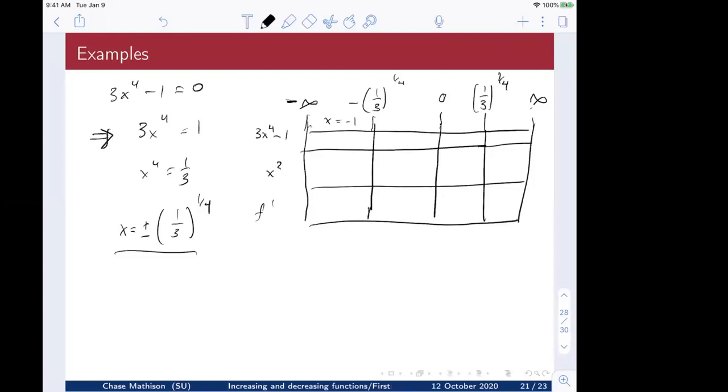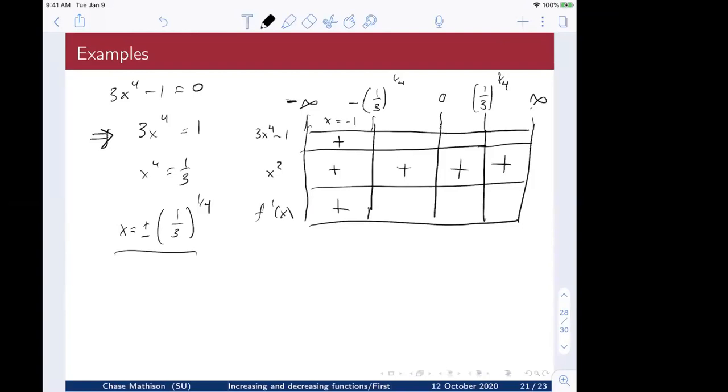So what sign does 3x to the 4th minus 1 have when x is -1? Positive, very good. X squared is going to be positive all the way across. So f prime is positive.